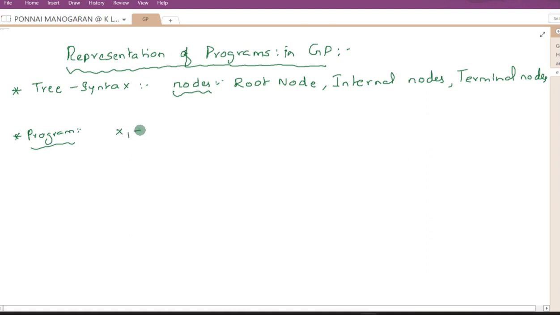Let us suppose x1 and x2 are variables: x1 into x2 minus x1, just randomly taking, divided by x1 plus x2 into root of x2. So let us suppose this is a mathematical program.